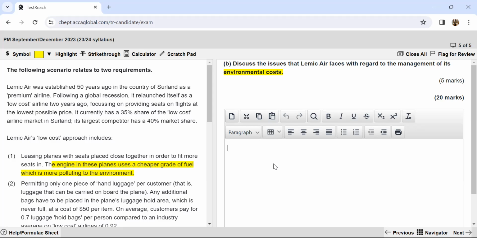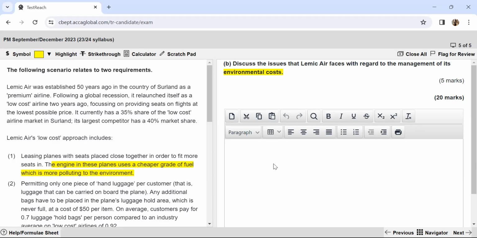The planes are polluting the environment a lot. The CO2 emissions are so high. The environmentalists are talking about this. So this is having a lot of impact on the earth.